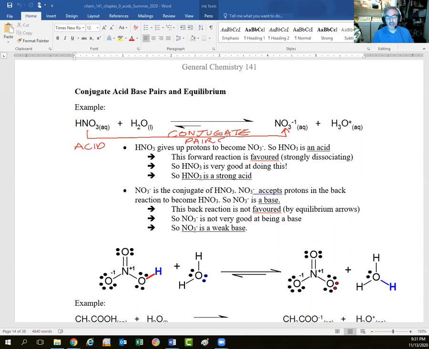Only the presence or absence of a proton separates them. There should be no other changes other than that proton being present or not.